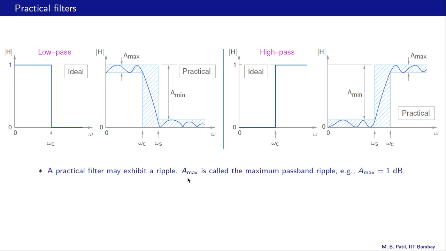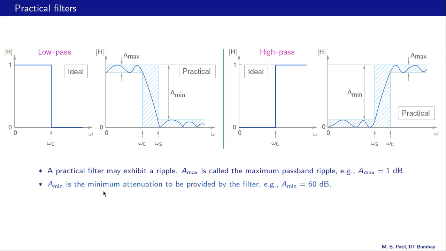A max is called the maximum passband ripple, this range here, and of course it is small, something like 1 dB typically. For some filters it is just 0 dB, so we actually have a flat magnitude of H in this region.